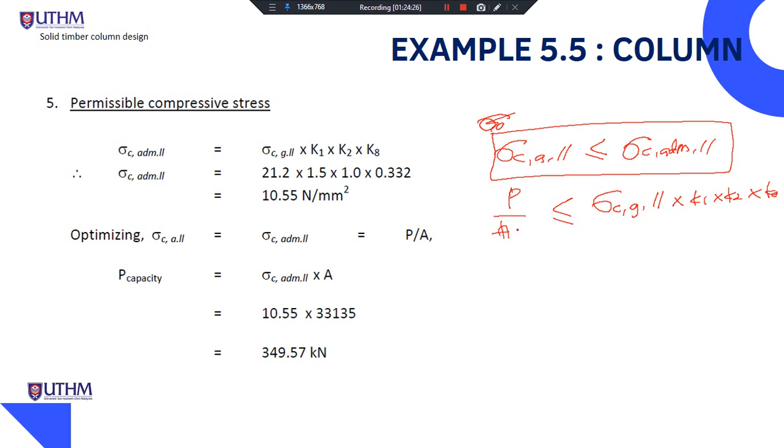The question is to determine the maximum load that can be received by the column, so we need to determine P. We know A, this is a known value. Finally, we get our P equal to 349.57 kilonewton. So this is example 5.5.